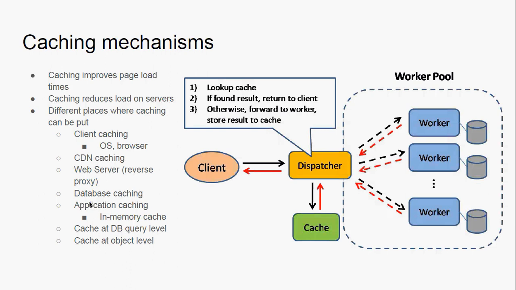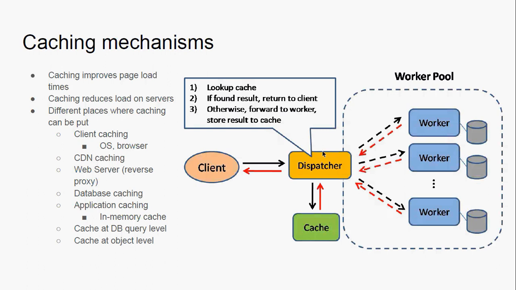Another place of caching is database caching, near databases, and application caching. When I say application, your application maintains an in-memory cache, like Redis or Memcached. You can also cache at database query level and object level. So these are all the different places where you can have caching.